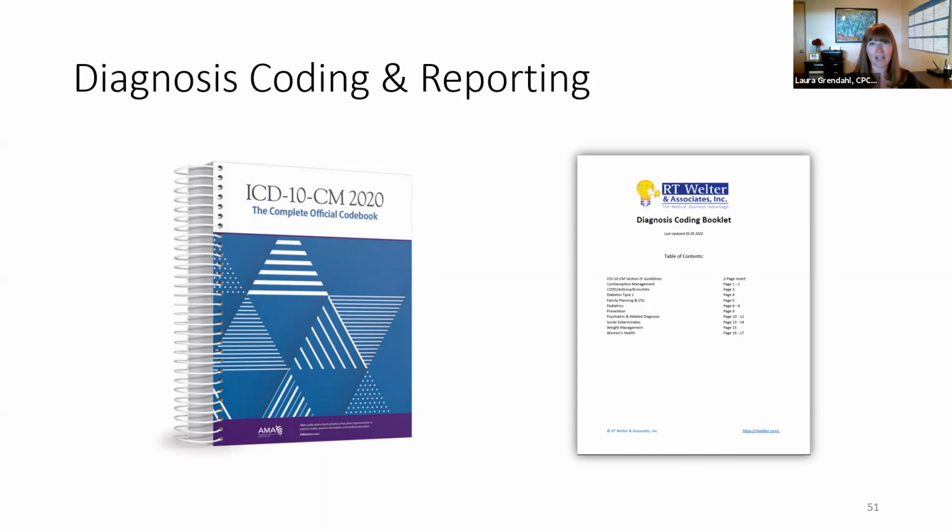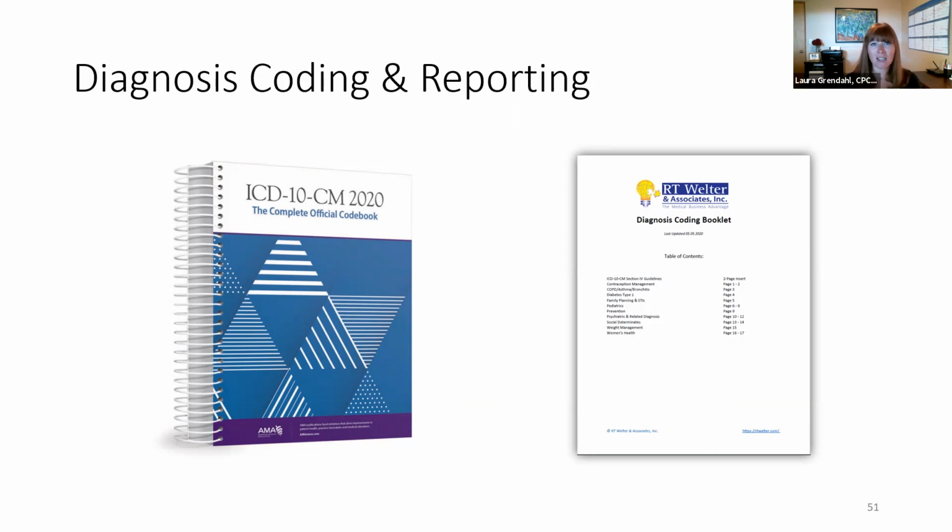We have provided, as part of the handouts, our RT Welter diagnosis coding booklet. This is something we've put together, and we base it on specialties as well as problem areas like diabetes. It lists all of the codes that are going to be most frequently used within either your specialty, like a school-based health center, or based on your patient population.